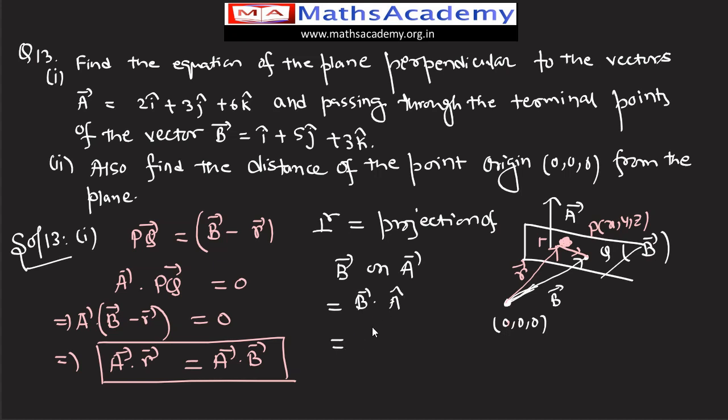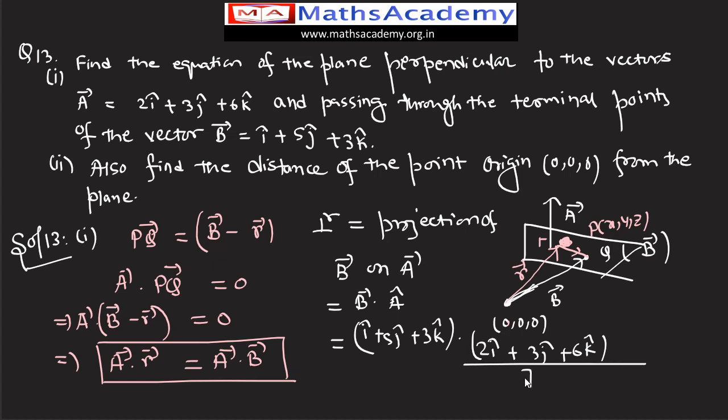The b vector is given as i plus 5j plus 3k, and the a cap vector is easily calculated: 2i plus 3j plus 6k divided by its modulus, square root of 4 plus 9 plus 36, that means 7. After calculations you get 35 by 7, that means 5 only. In this way you can calculate the perpendicular distance of the origin from the plane.